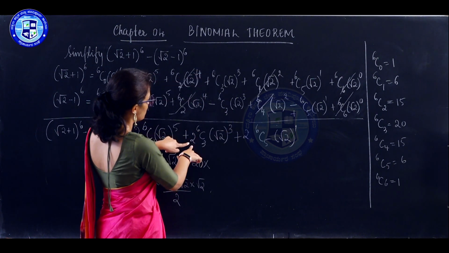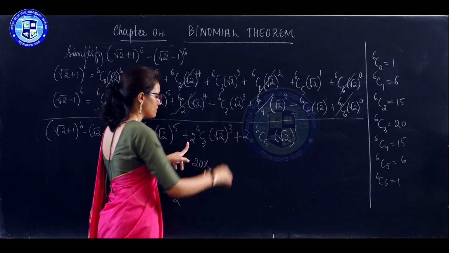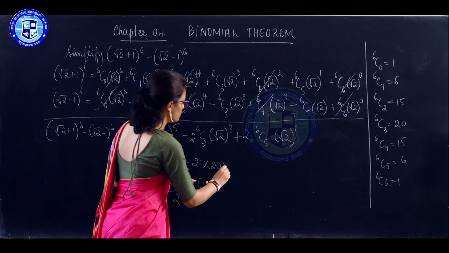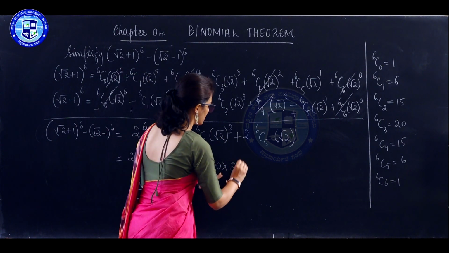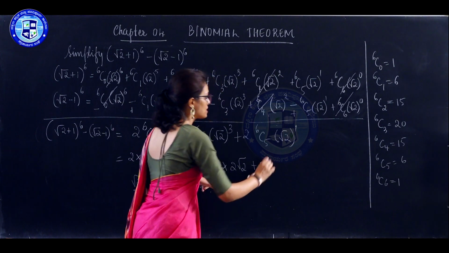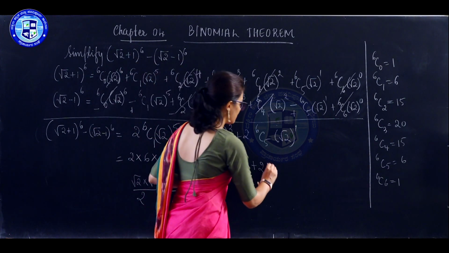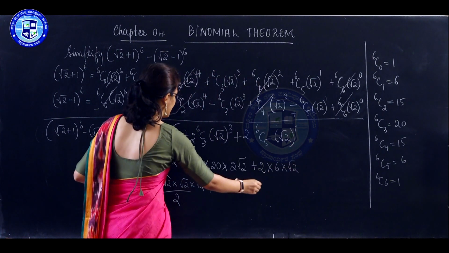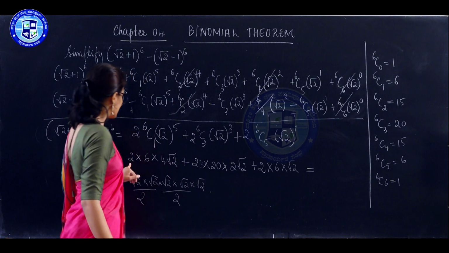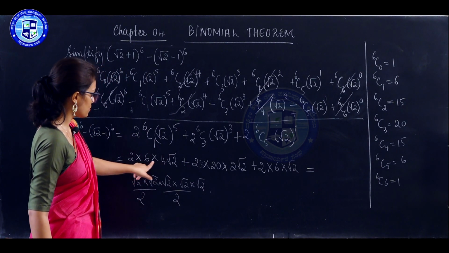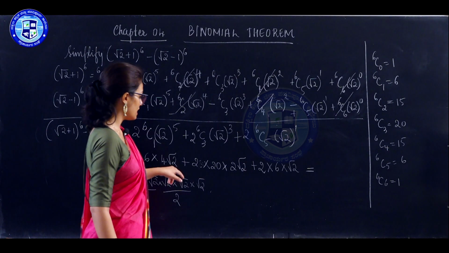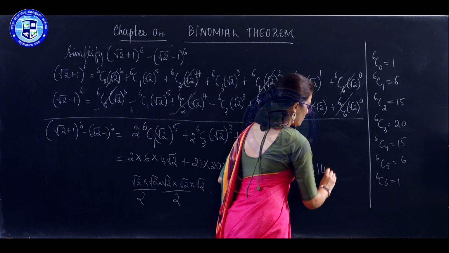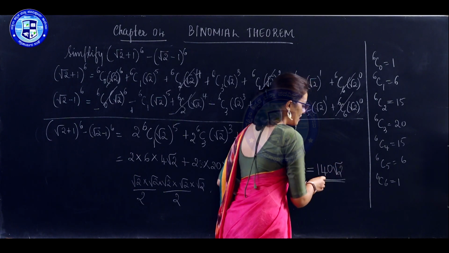You are now adding 2 times 6C3 root 2 to the power 3. So, here you have 2 into 20 into 2 root 2, plus 2 times 6C5, 6C5 is 6, here root 2 will remain. So, let us calculate this. Our answer will be 2 into 6 is 12, 12 into 4 is 48, 48 root 2 plus 80 root 2 plus 12 root 2 will give us 140 root 2 as the answer.